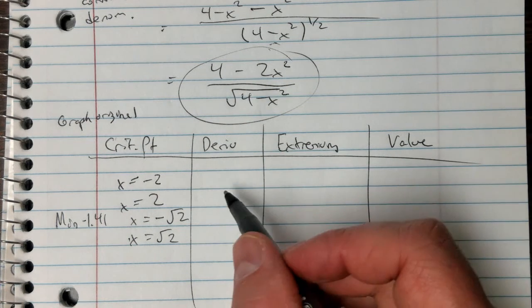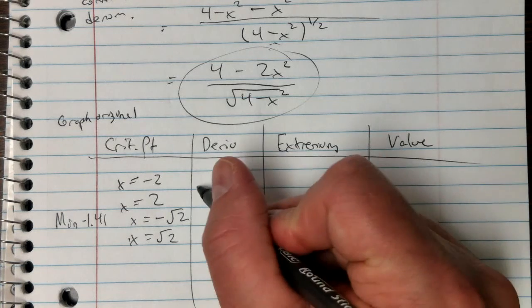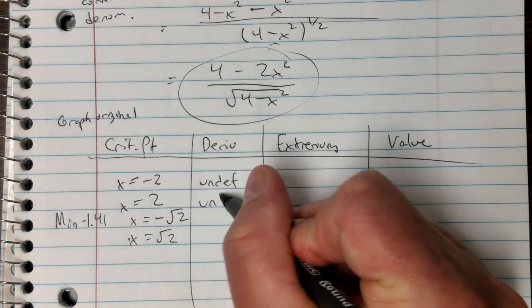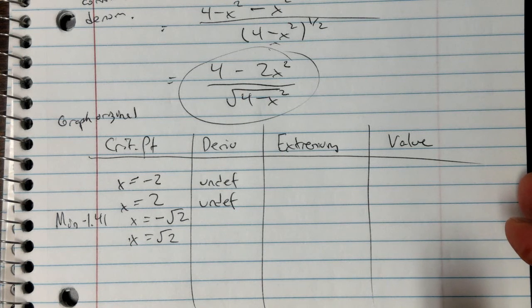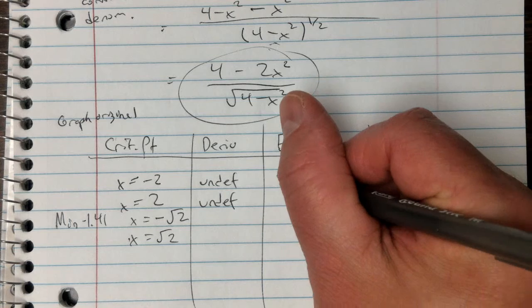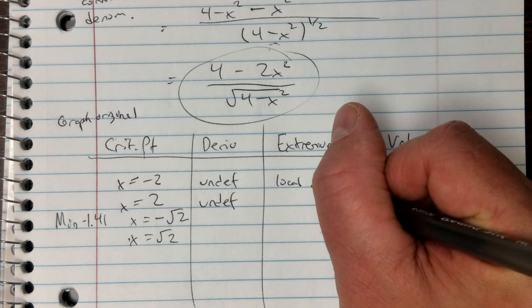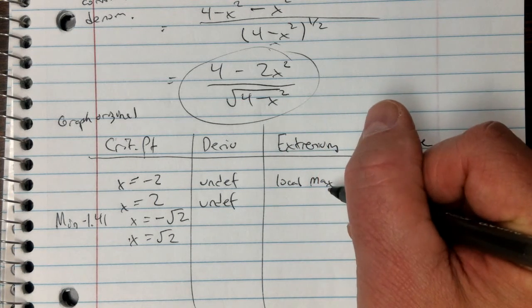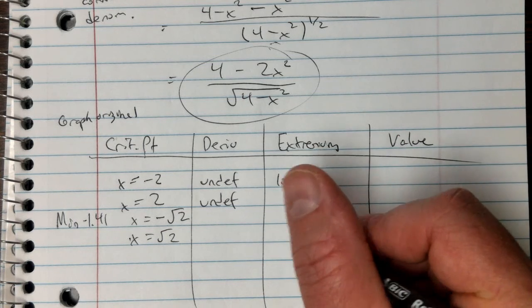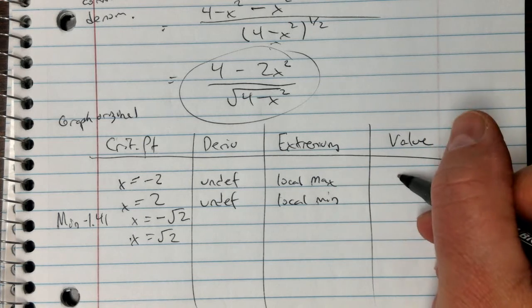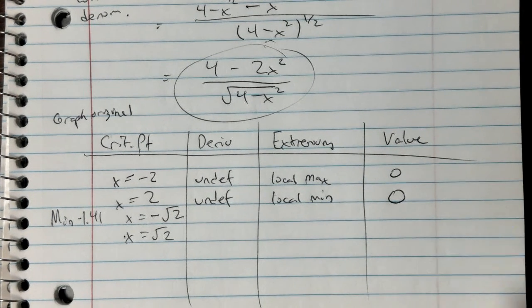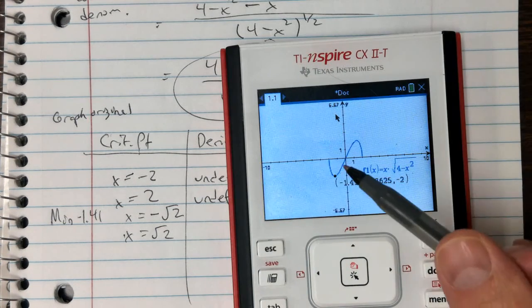And our derivative of the boundaries would be undefined. And this one is a local max. And this one is a local min. And our values were 0 for both of those. So that's from your boundaries. And then the other ones, it's just the derivative like that.